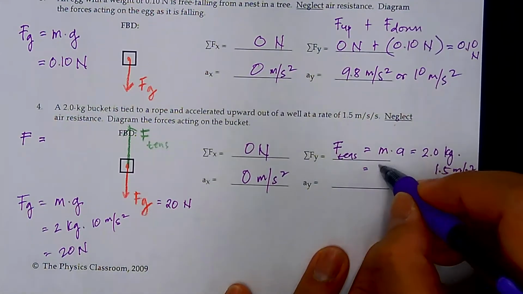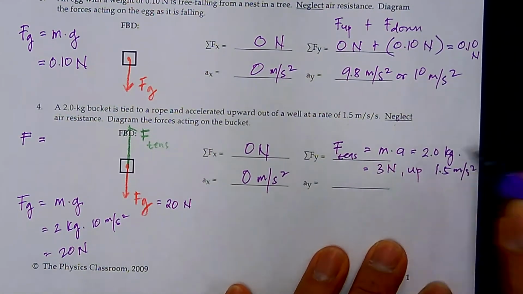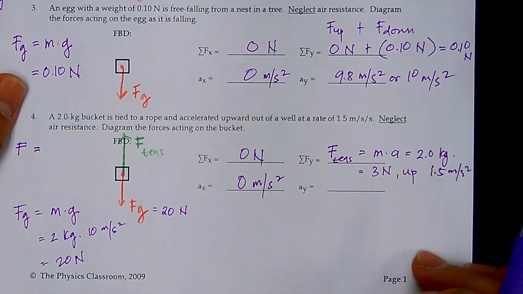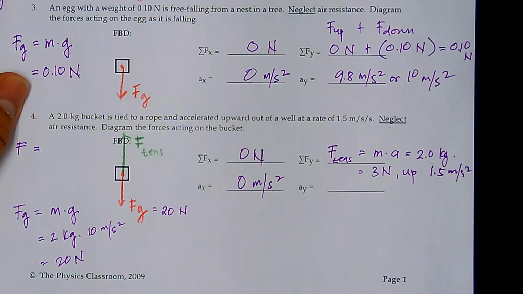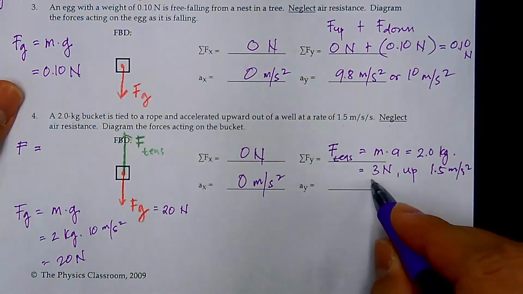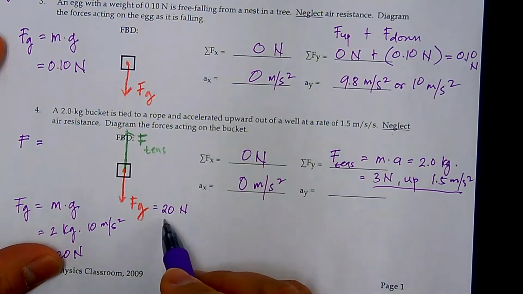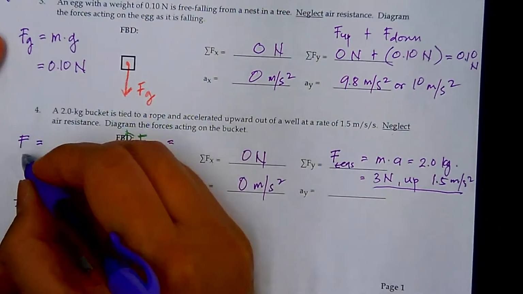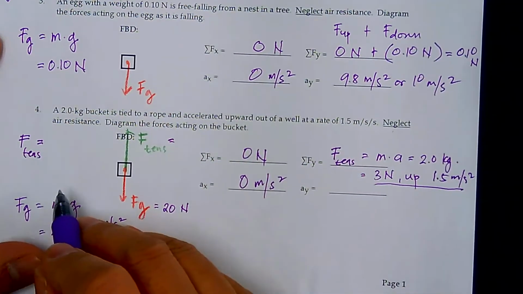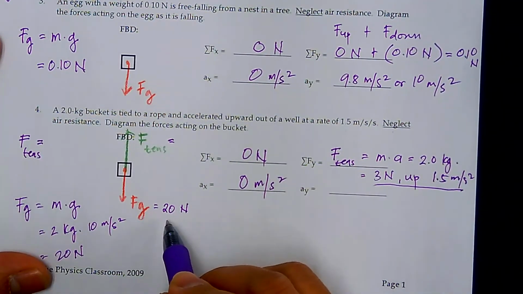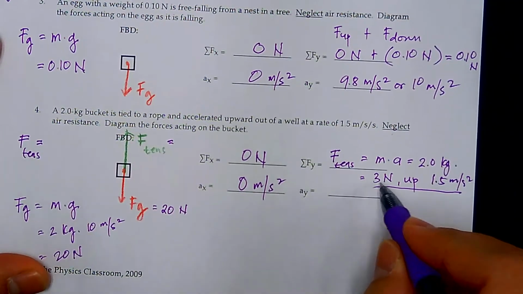So that is 3 newtons up. That 3 newtons up tells me that the tension would be 20 plus 3.